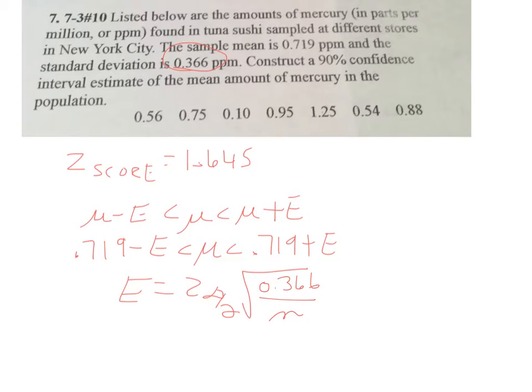Okay, so your n is 7, I believe, for this, because you've got 7 data values. All right, and so you're just going to work it out like that, put your error in the formula in those two spots, and that gives you your confidence interval at 90%.